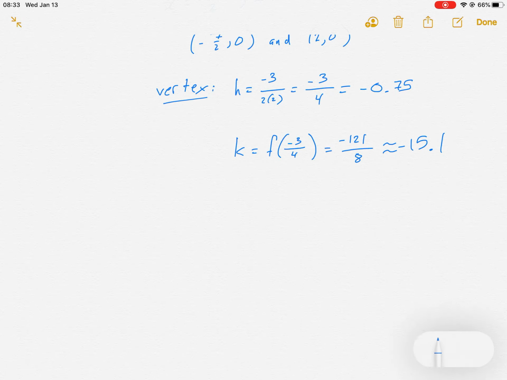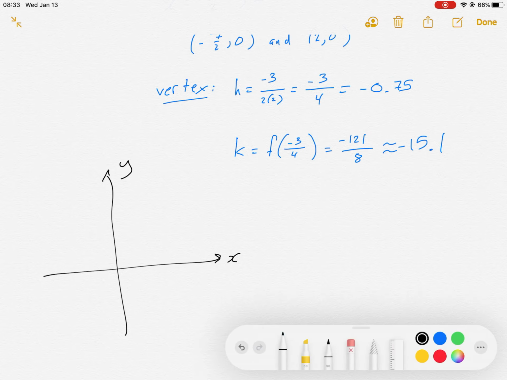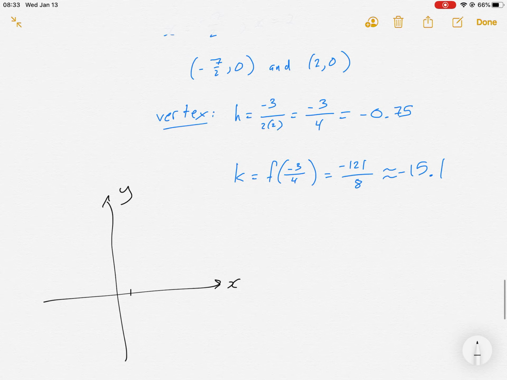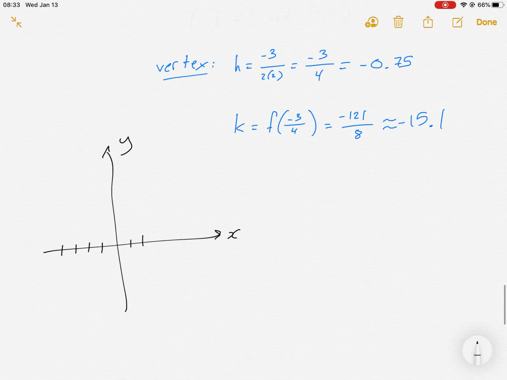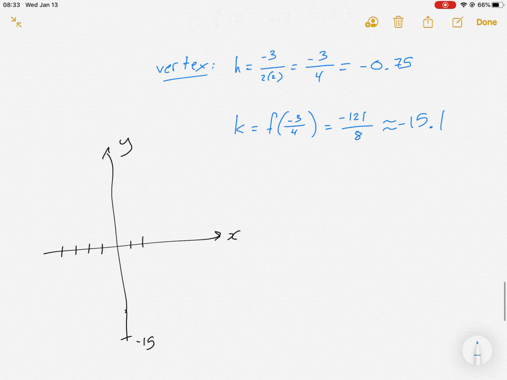And now we can actually set everything up. Set up our x and y axis. Let me go ahead and put some points down. I'm going to need 2. Negative 7 over 2 is about negative 3.5. I'm going to need to get all the way down to about negative 15. Let's go ahead and start graphing some points.